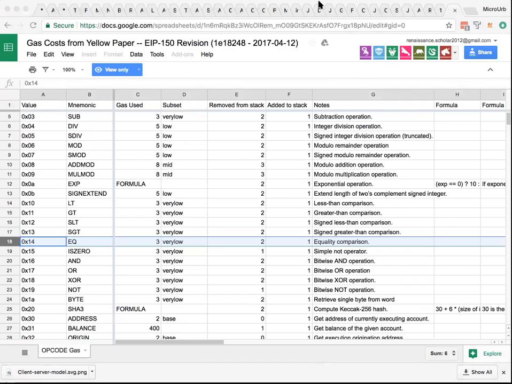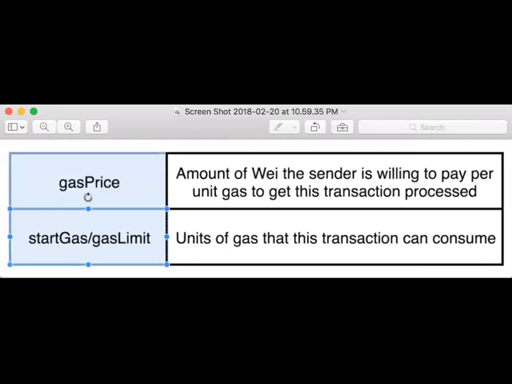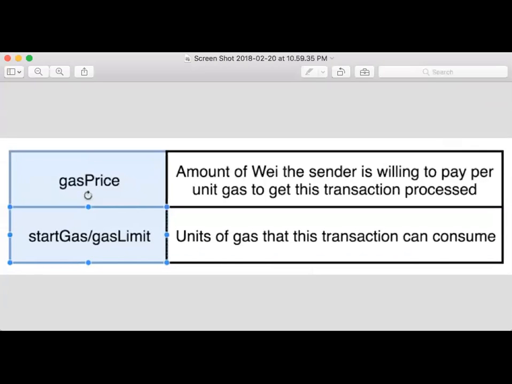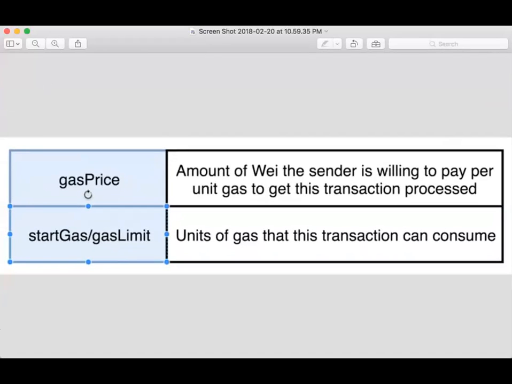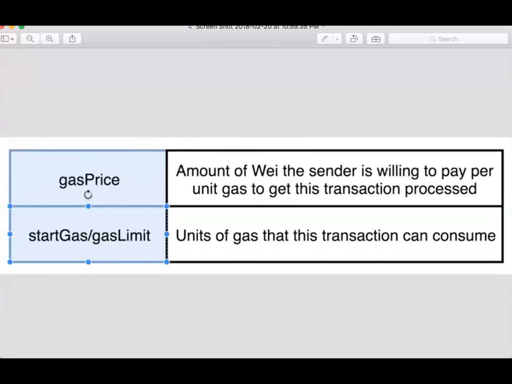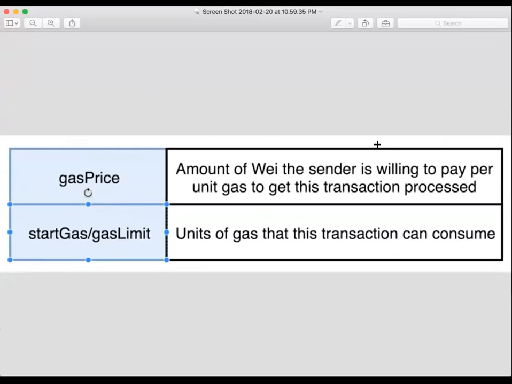I'm going to share that with you and resize it so that you can see it better. All right, so let's look at this diagram. It's going to break down the function in terms of gas prices, to get a better idea of how it works.